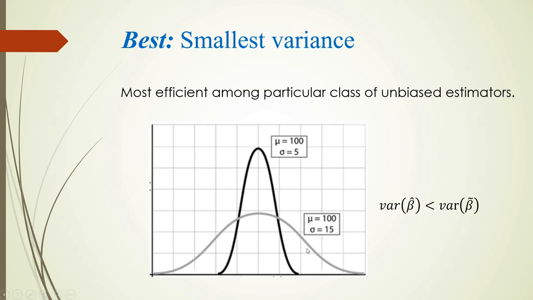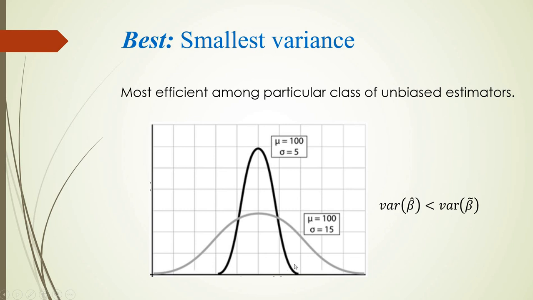The gray line shows the distribution of beta tilde, and it obviously has bigger variations. So the variance of beta tilde is higher than the variance of beta hat. This is the distribution of beta hat. For example, if you had a chance to calculate 100 times on a sample size of 100, and then calculate different values of beta, you would get this distribution.